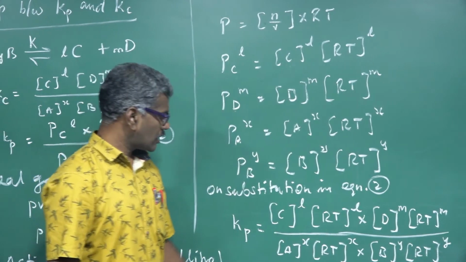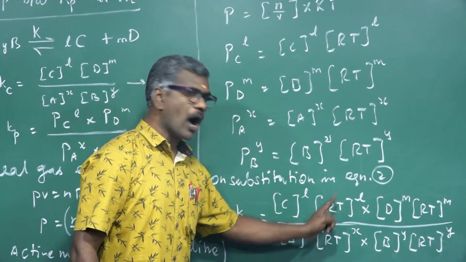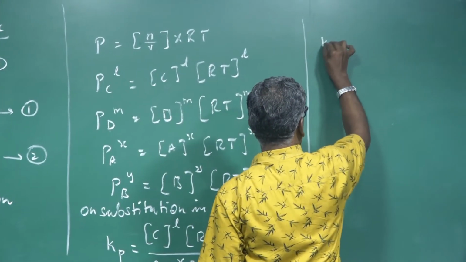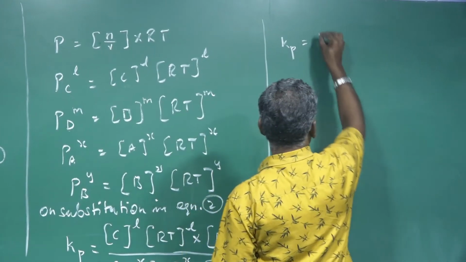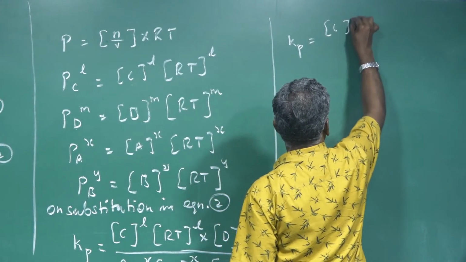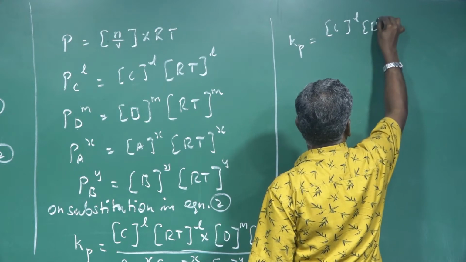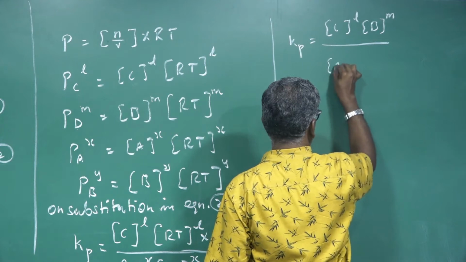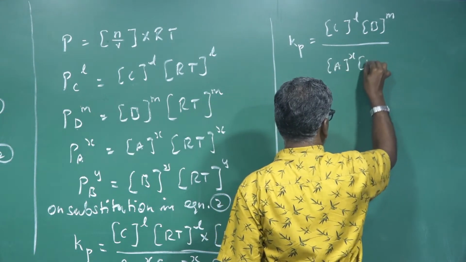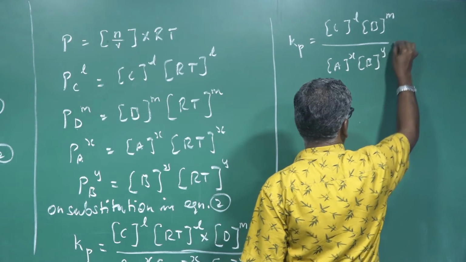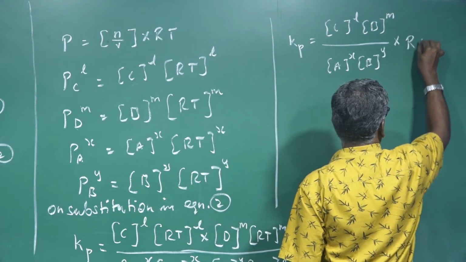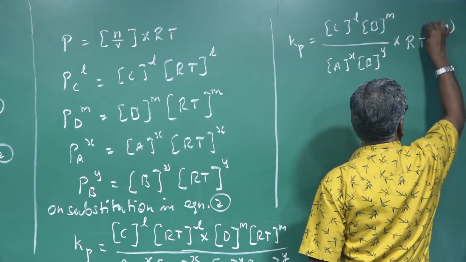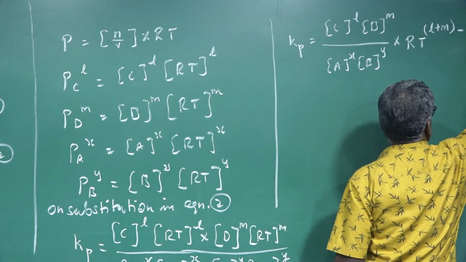Now separate the concentration terms and the RT terms. Kp equals the concentration of C to the power l, concentration of D to the power m, divided by concentration of A to the power x into concentration of B to the power y, into RT to the power (l plus m minus x plus y).